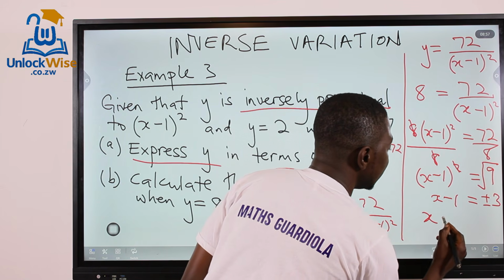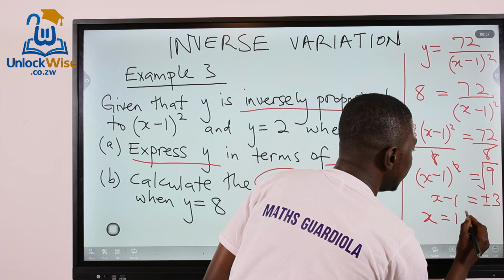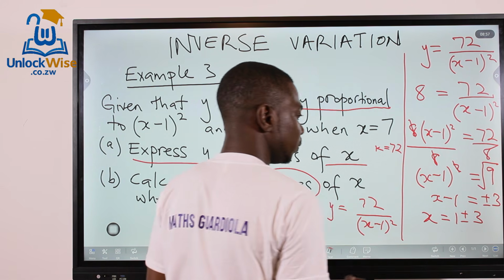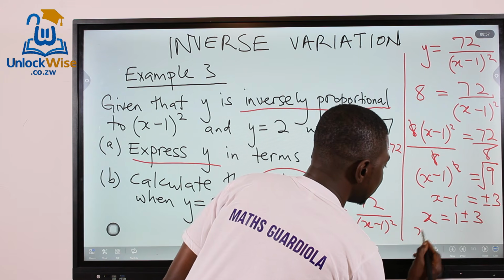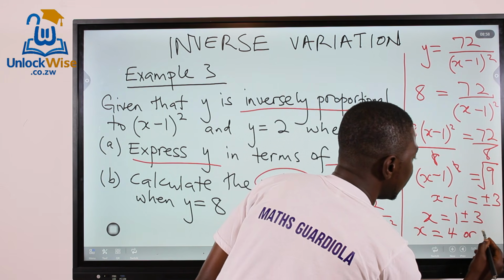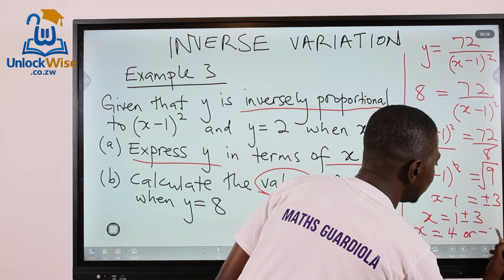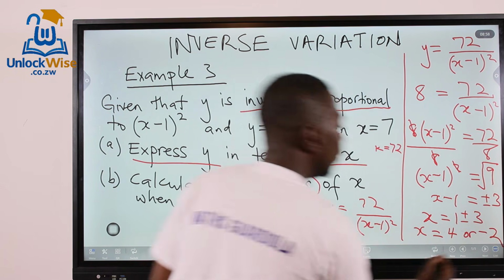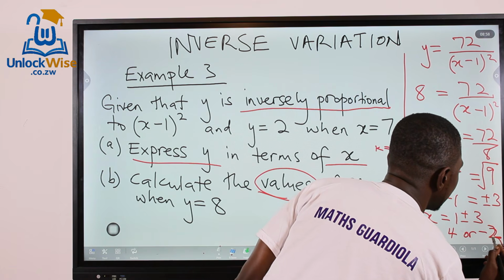So our x is going to be 1 plus or minus 3, which will give us x is equals to 4 or minus 2. This is our answer. X is equals to 4 or minus 2.